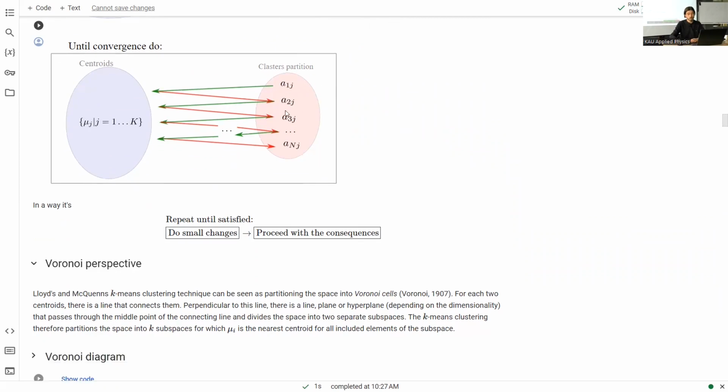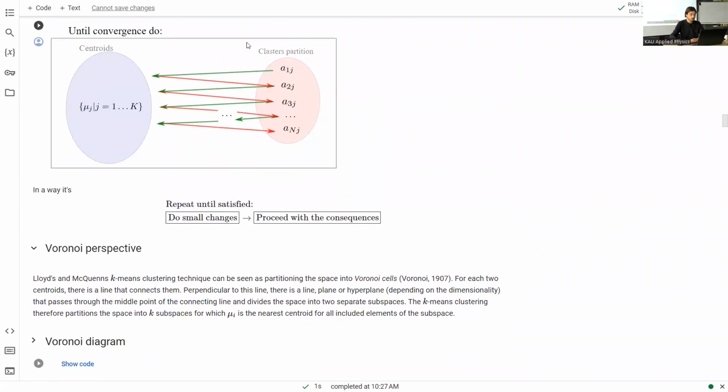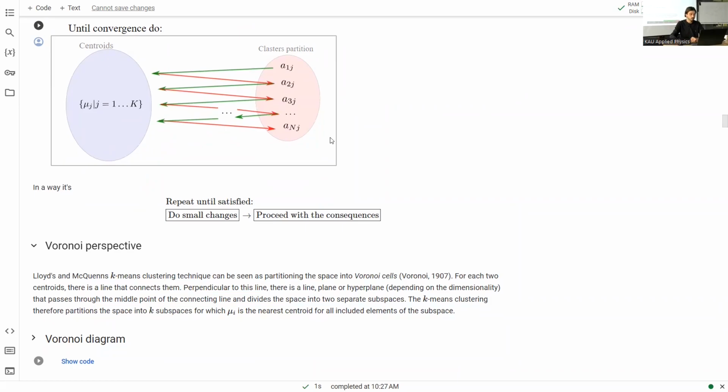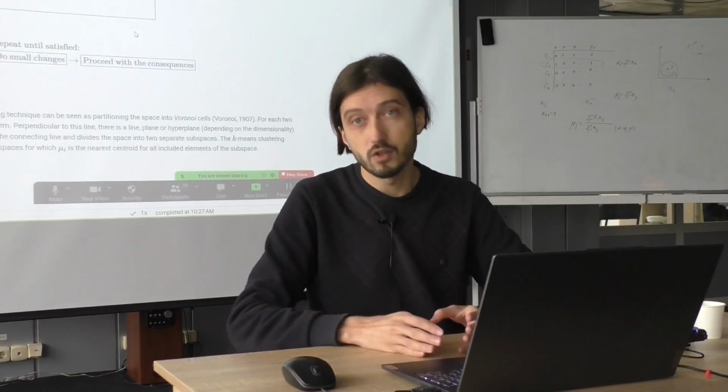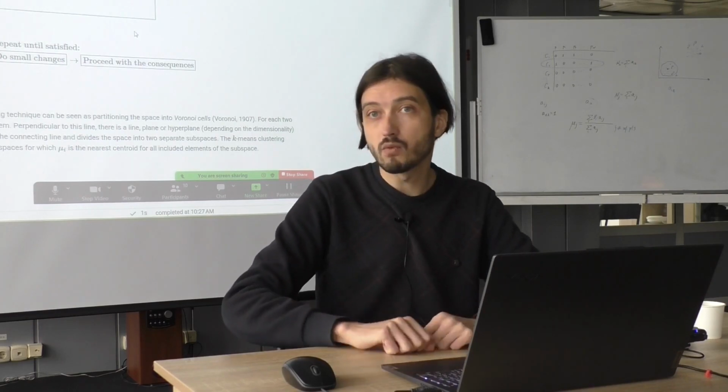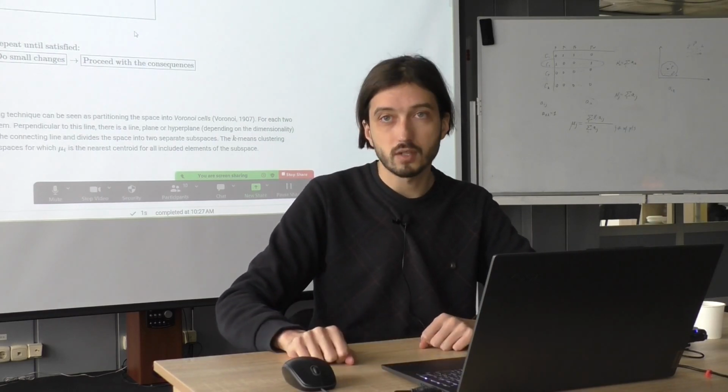So we are trying to change, for example, a_1j, then we are recalculating the respective mu's, then returning back to changing some different a, and so on and so forth. So we are just jumping here and there. In plain words, that means that we are trying to do small changes, and then we proceed with the consequences of these small changes.